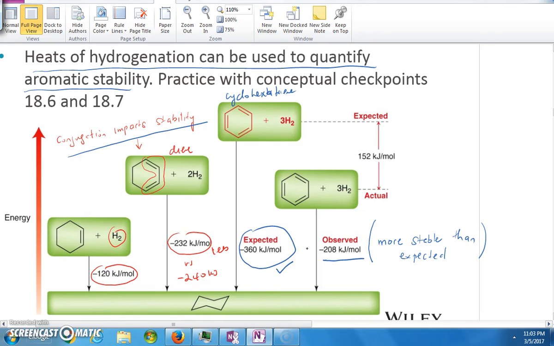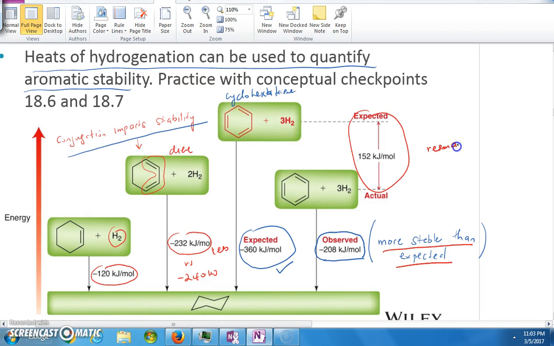But interestingly, only negative 208 kilojoules per mole was observed, which suggests that benzene is actually much more stable than expected, right? And the measure by which it is stabilized is known as the resonance stabilization energy.